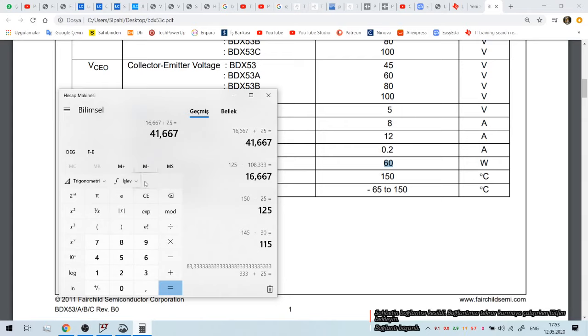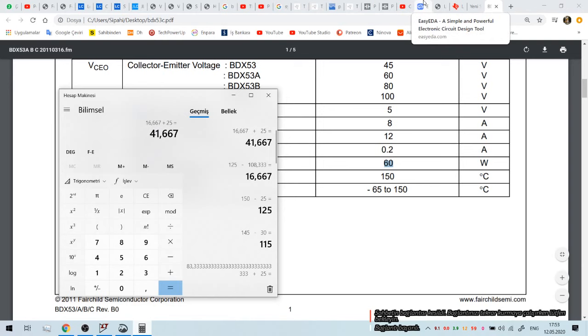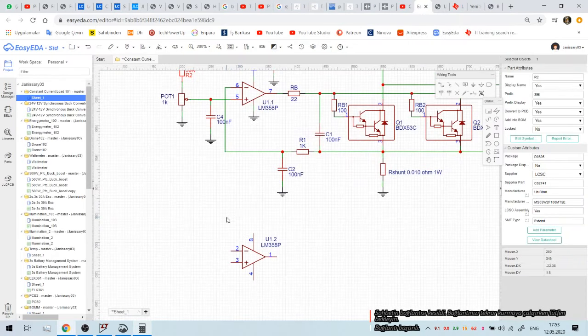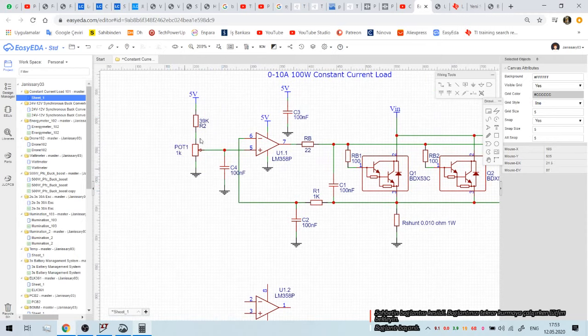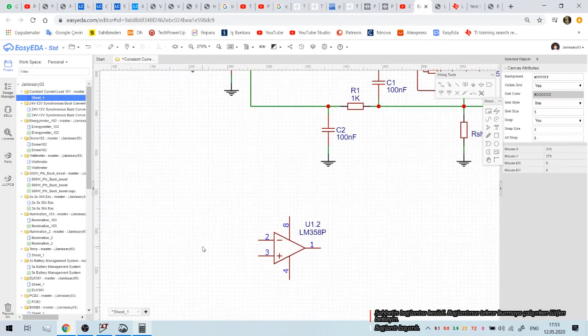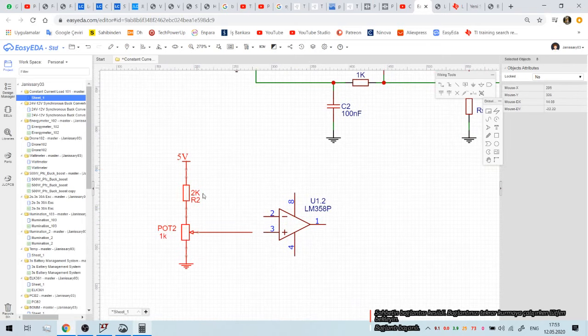And we can use temperature sensors, junction to case temperature, to maybe 40 volts. How can we get 40 volts? Yes, I can get it via this way.